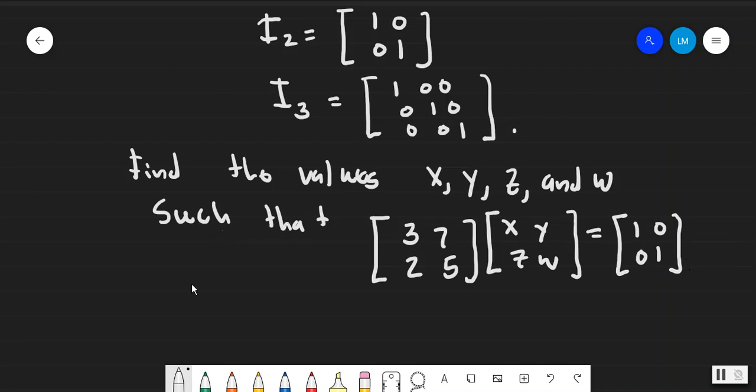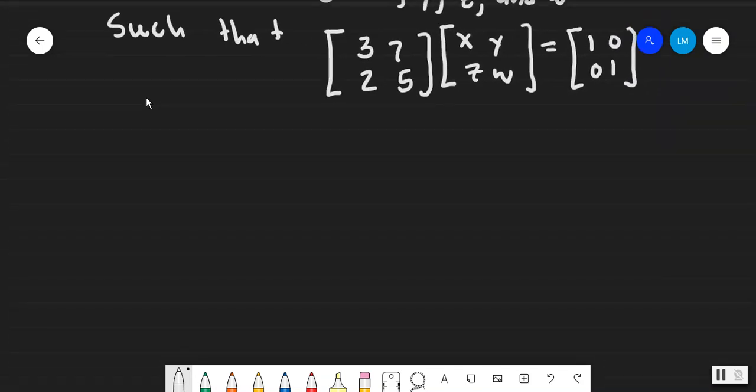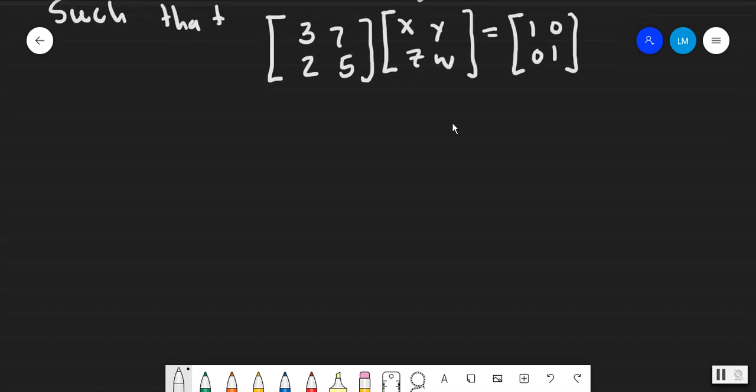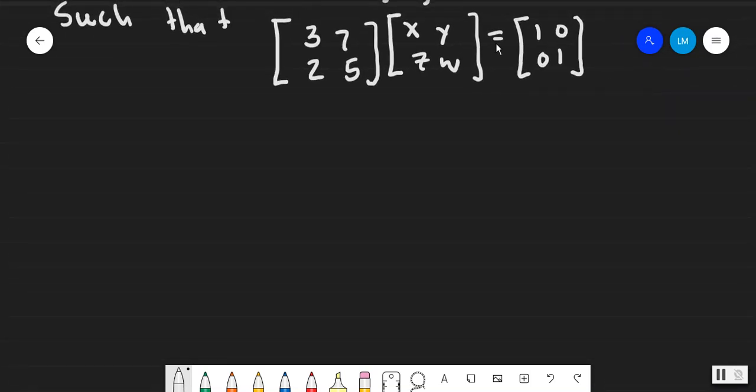Okay, so this is actually an interesting problem because it requires that you know matrix multiplication, but not only that, it requires that you know matrix equality.